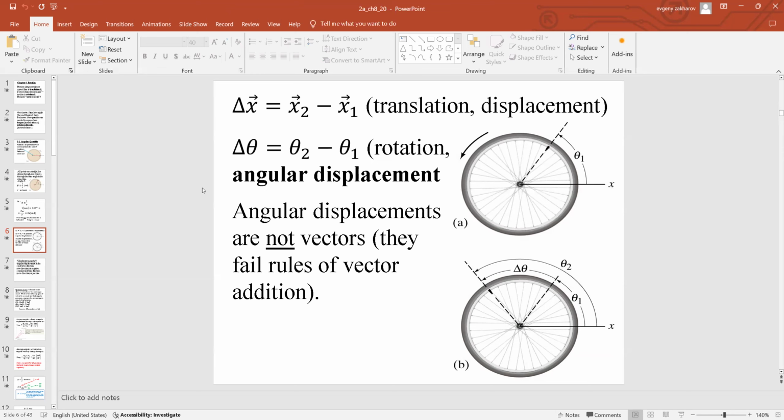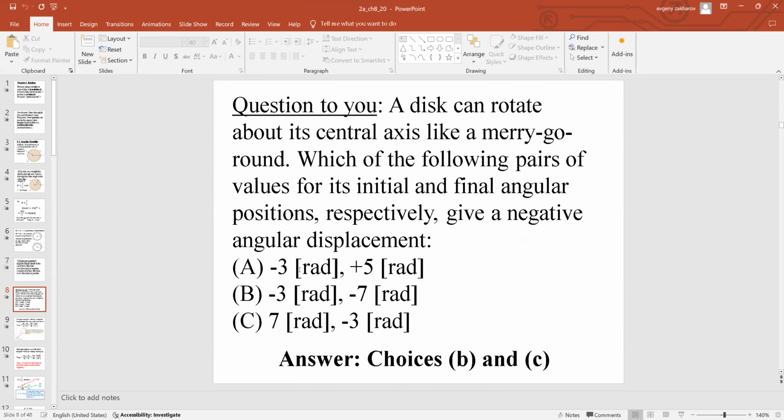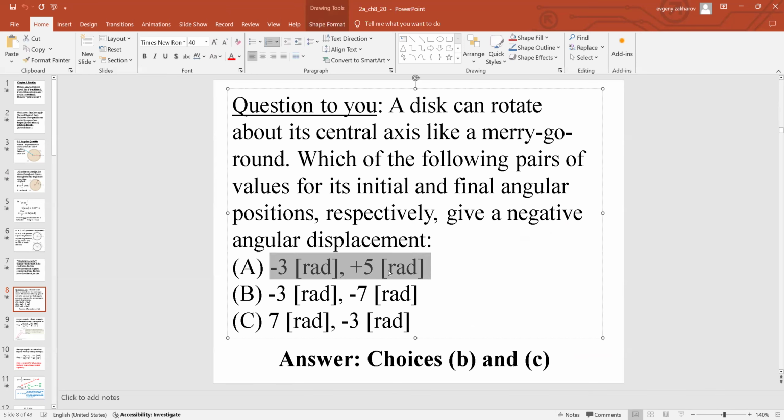So you were at -3 radians. Now you are at +5. Final take away initial, 5 take away -3. That's a +8. So option A, not good, because you're going to get a positive angular displacement.